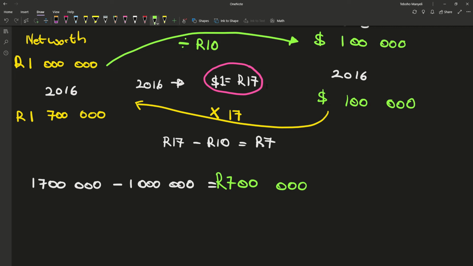Alright, so you're worth more because you converted your money when it was still less and you converted it back when it was worth more. So now you are 700,000 richer, which is in total 70% richer than you were before. So you can literally buy a house. You almost doubled your money in just 3 years. And I know that banks don't do that for us.